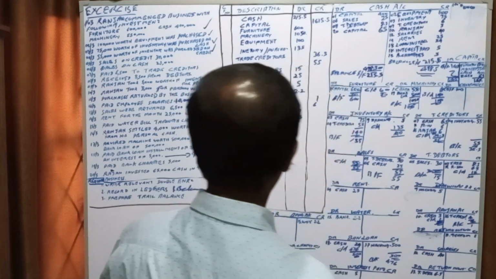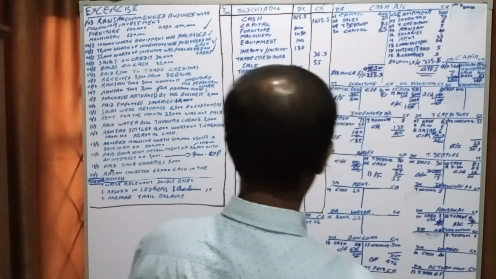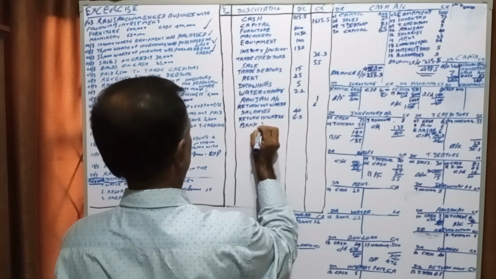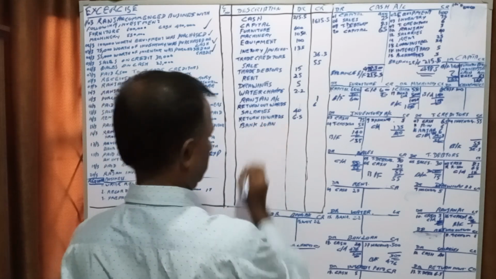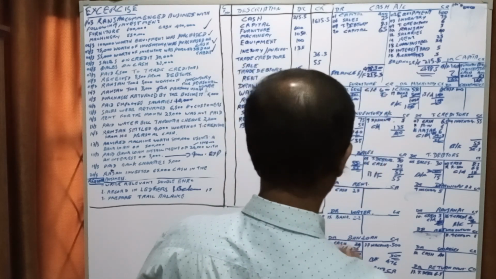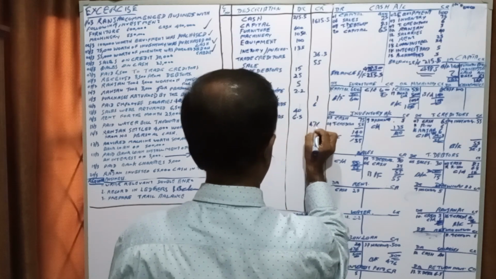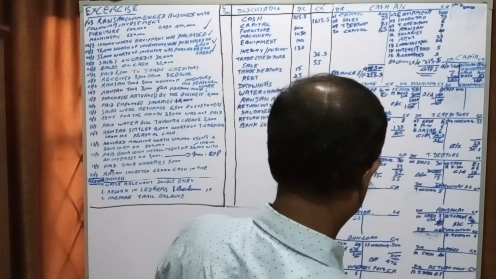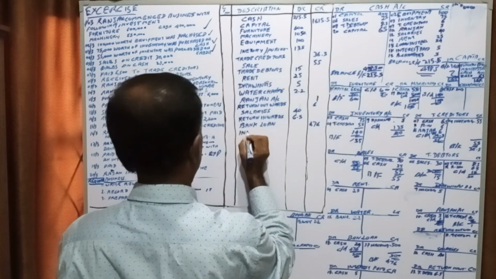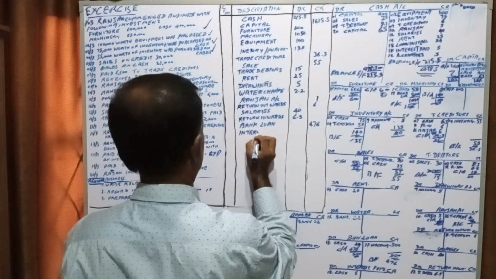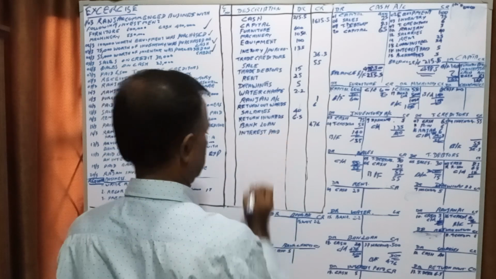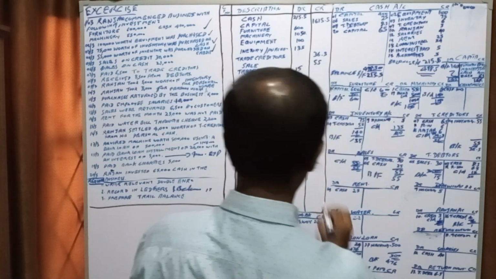Okay. Bank loan, 476 credit balance. Okay. Interest paid, $5,000.